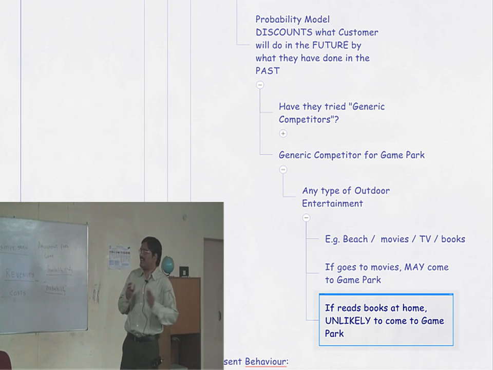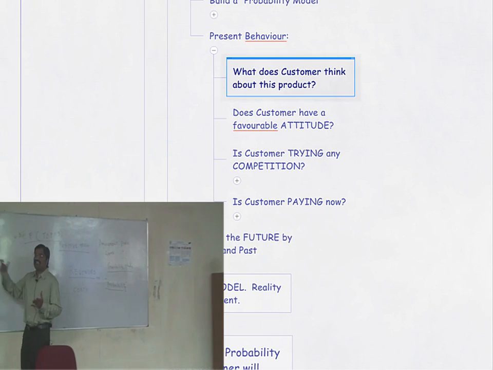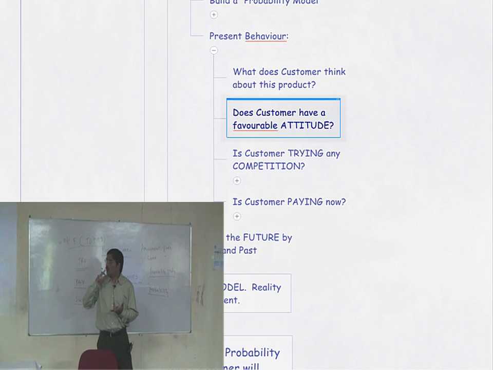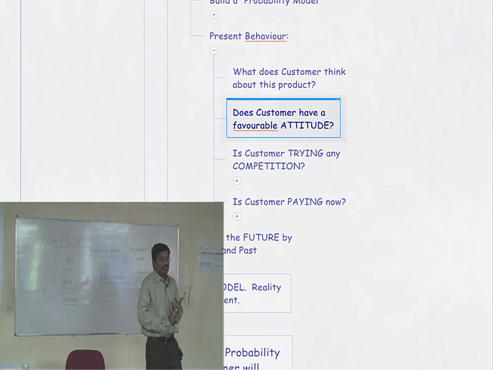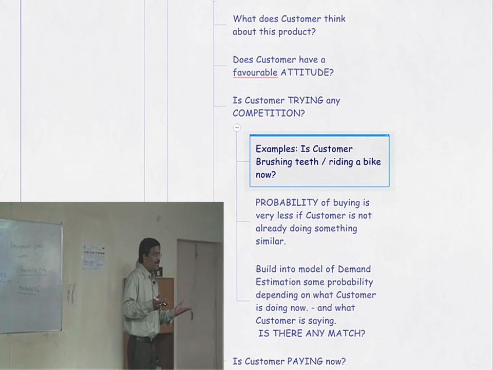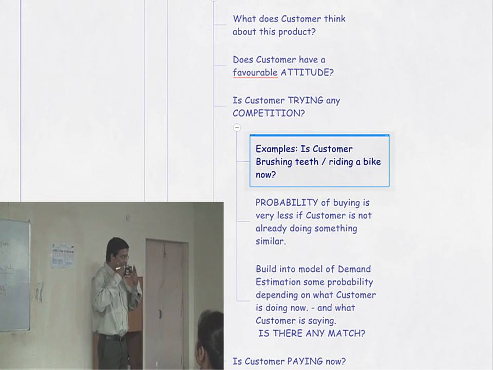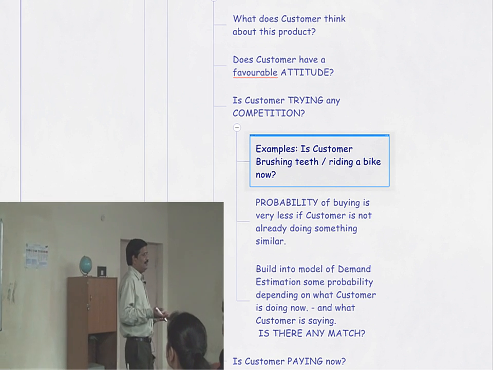So we are looking at his present behavior. What does he think about this product? Does he have a favorable attitude? Is he trying at least generic competition? To buy a brush, the guy must be brushing teeth, no? If he's not even brushing teeth, will he buy a brush?